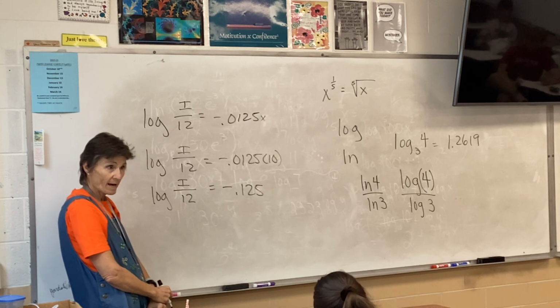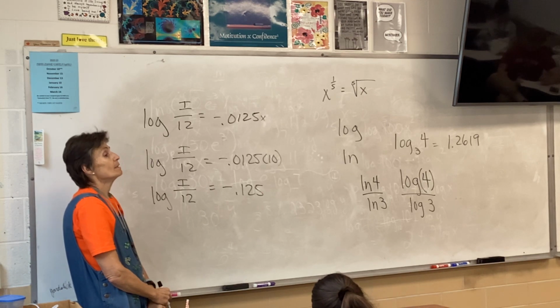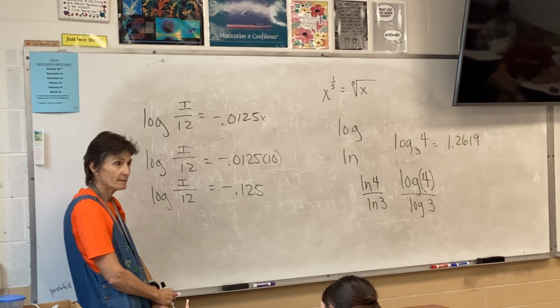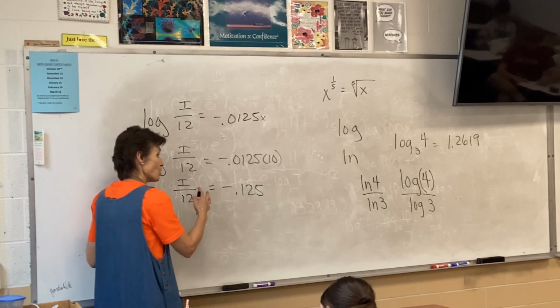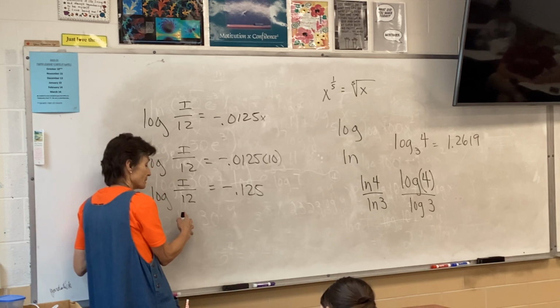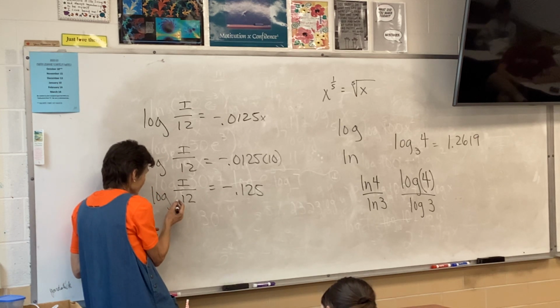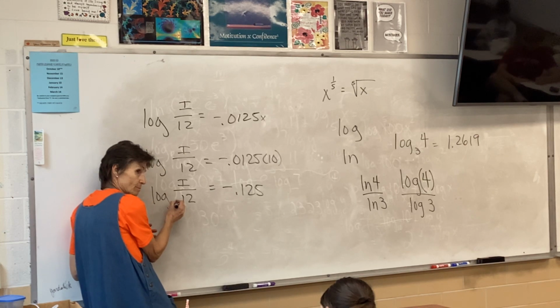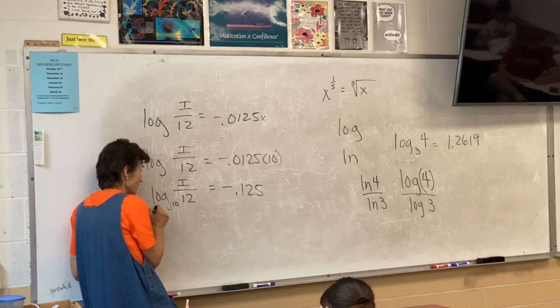Is everybody okay with that? This is where yesterday's lesson now comes in handy. We have to solve this equation. So I know the base on this is 10, right? Because there's no base written here.